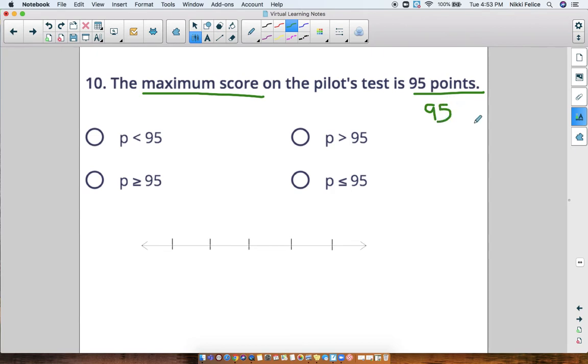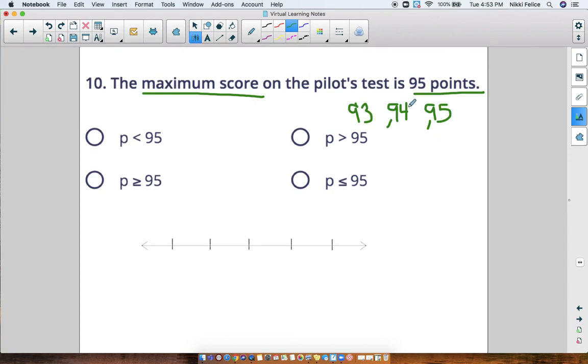You can't get more than 95 points. They don't exist. So you can't have 96 points, you can't have 97 points, but you could get less than 100. You might get 94 points on your test, 94 out of 95, or maybe you get a 93 out of 95, or maybe you get a 20 out of 95.